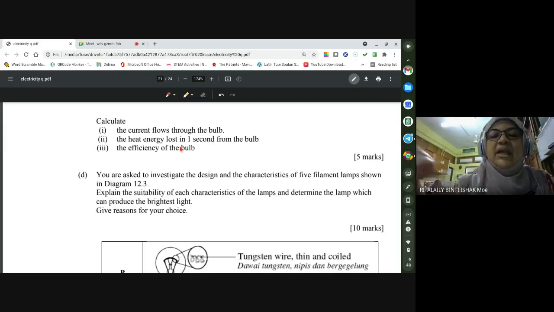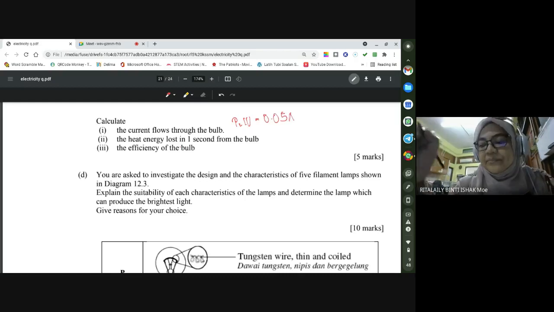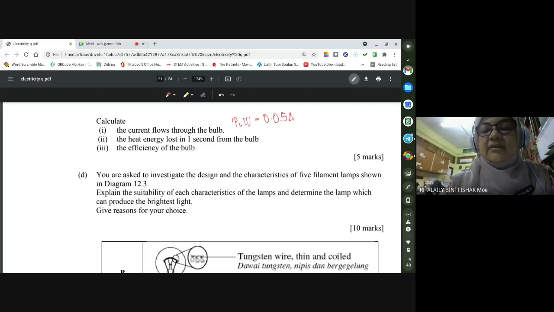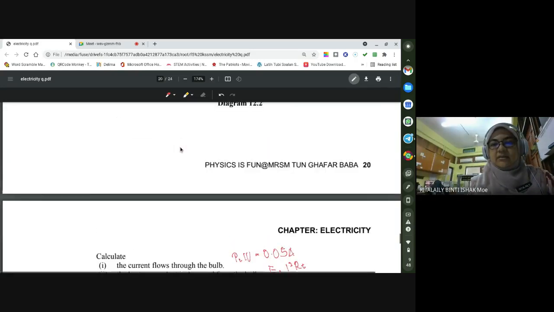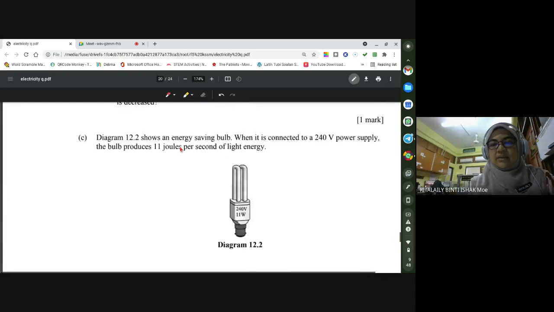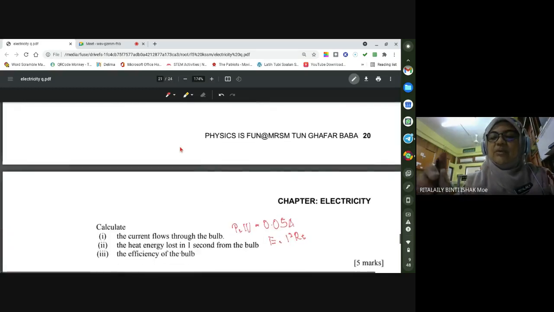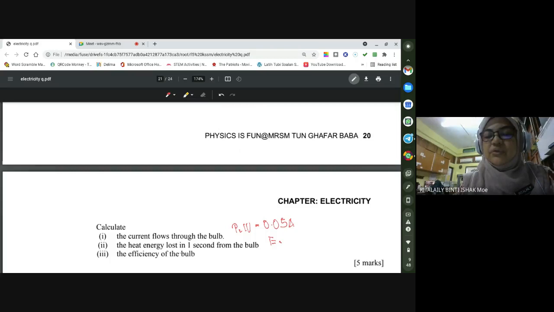90.91. So for the current flow, we use P equals IV. So we get current flow as 0.05 ampere. And then the heat loss, I prefer to use I squared R, but is R given? R is not given, so we can use any other formula to calculate energy.